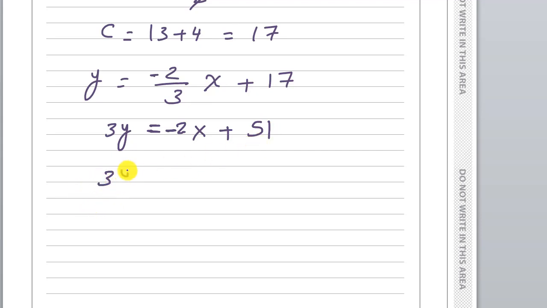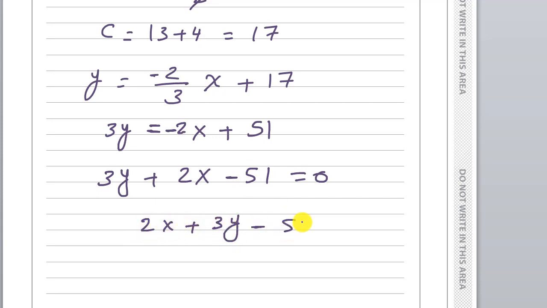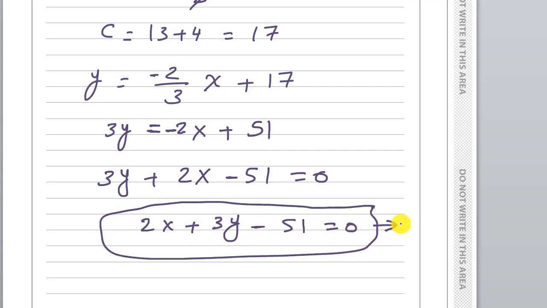So 3y plus 2x minus 51 is equal to 0. So the equation of the line is 2x plus 3y minus 51 equal to 0. This is the equation of the line L2.